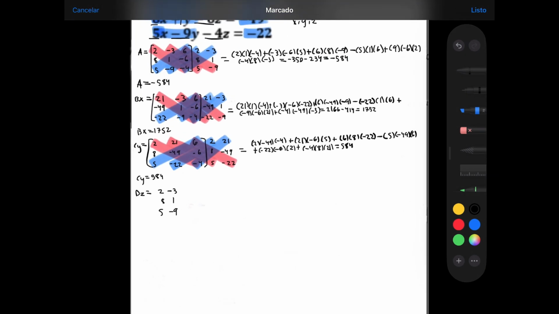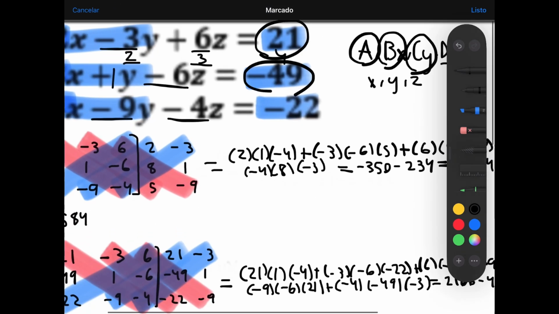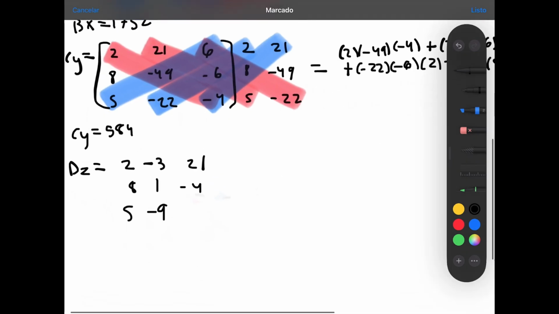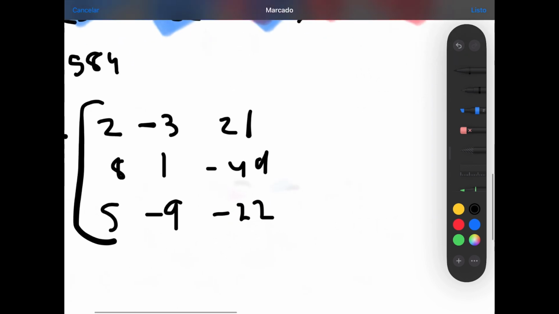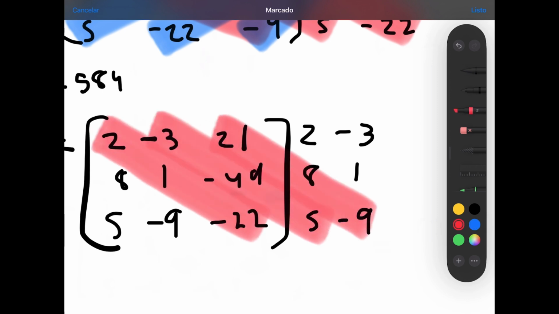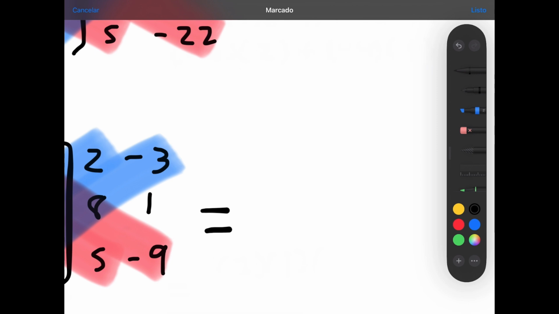And then we're going to write the fourth one: 21, minus 49 and minus 22. Keeping with the brackets, adding the first two on your right, the ones that you wrote before, and then multiply diagonally with the subtraction of these ones, and once again the same procedure.